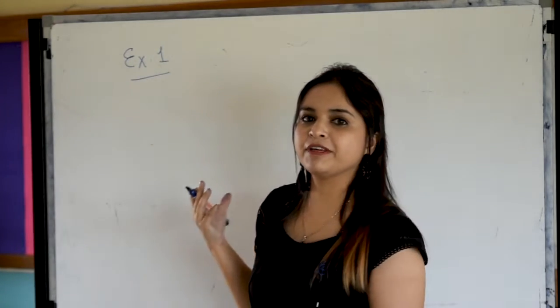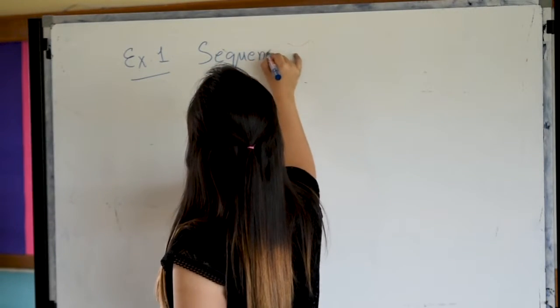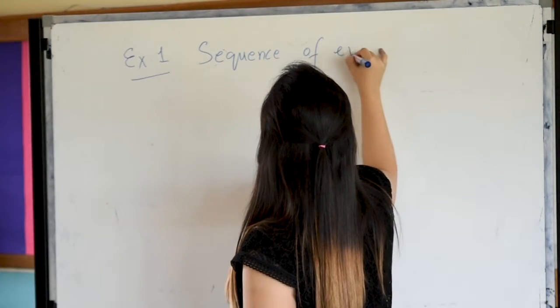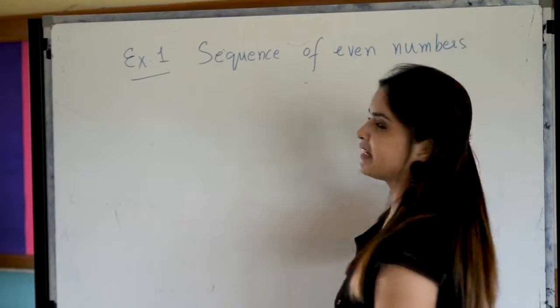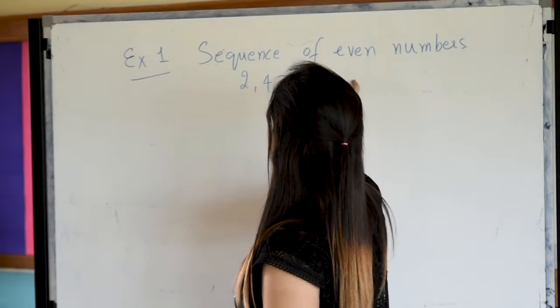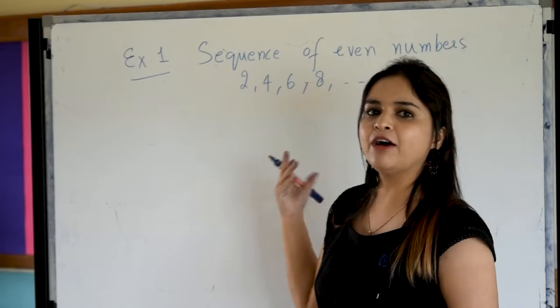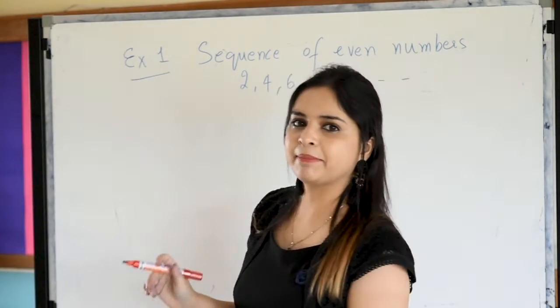a sequence of even numbers. What are the even numbers? 2, 4, 6, 8 and so on. Now when you look at these numbers, you can see a pattern. What is that pattern?